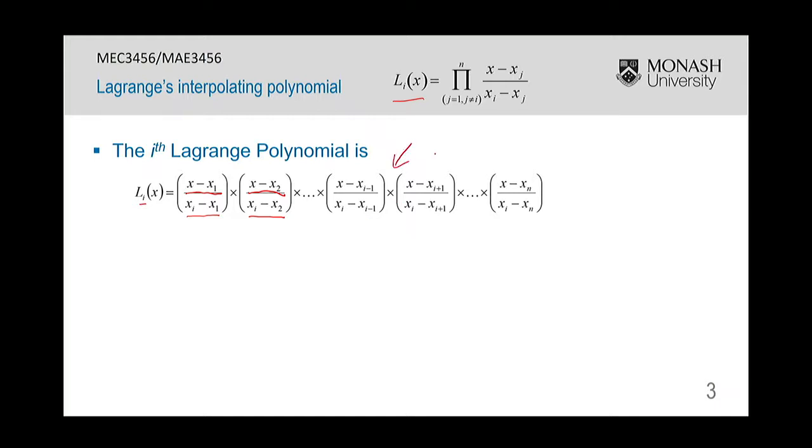The term in here, which would normally be x minus xi over xi minus xi, we don't include because, well, it's going to give us some problems, right? But it turns out that that's not the only reason we don't include it, but we definitely don't include it. And then we do finish off with the rest of the terms. So there's n-1 terms in here, each with the power of x, so this then is an n-1th order polynomial.